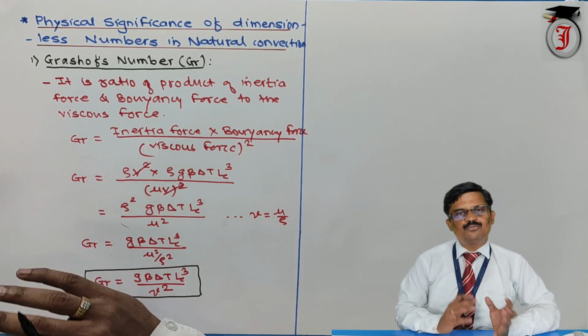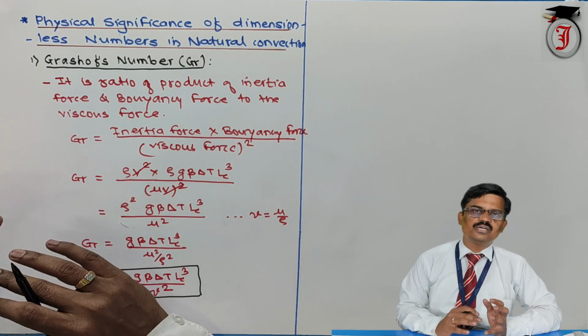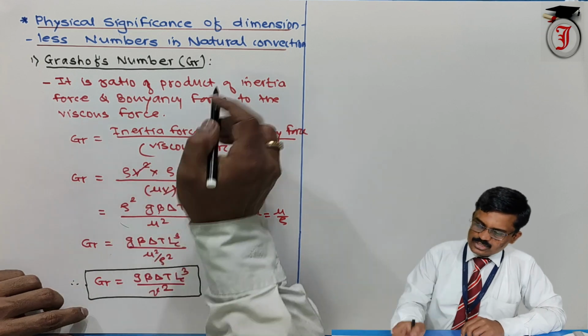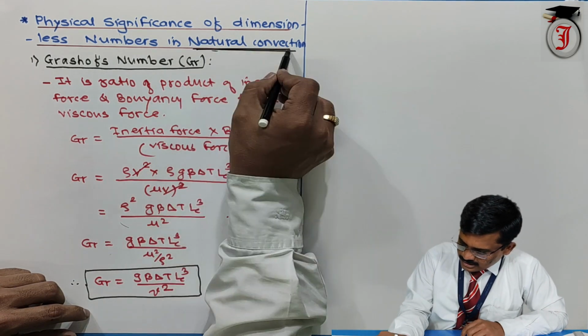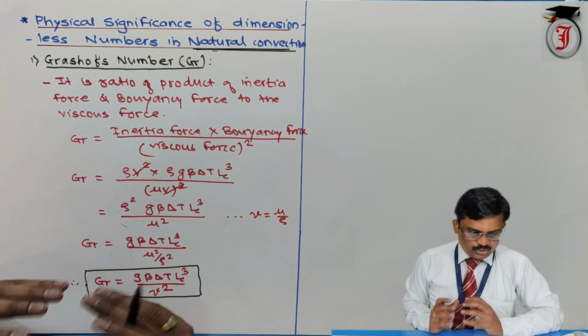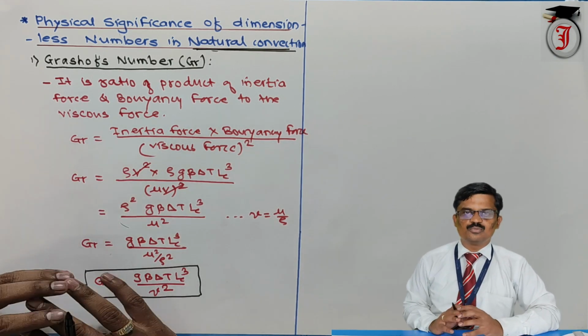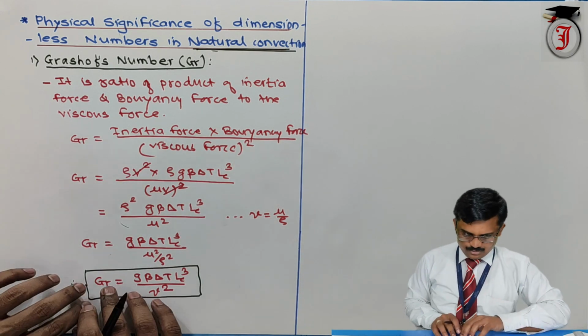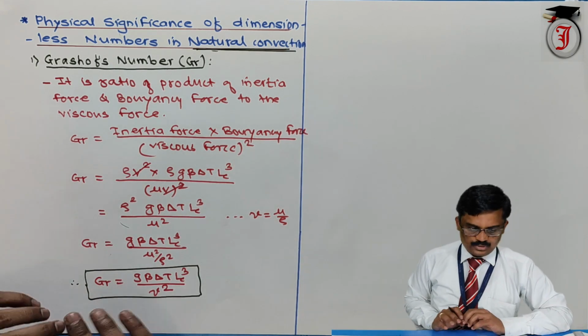Reynolds number in forced convection determines whether the flow is laminar or turbulent. So here in case of natural convection, the Grashof number tells us whether the flow is laminar or turbulent.